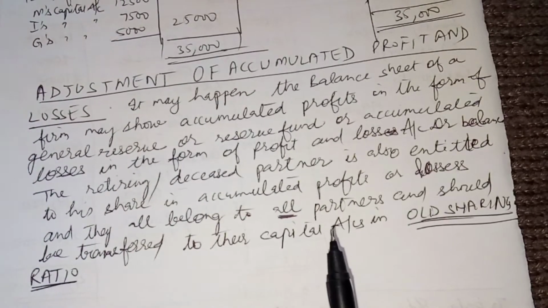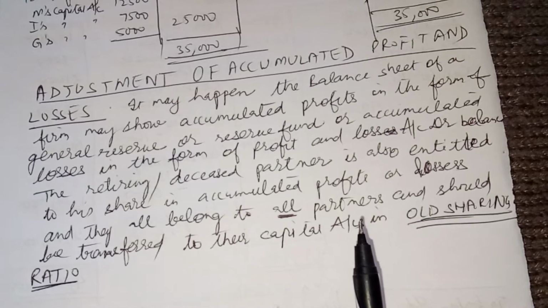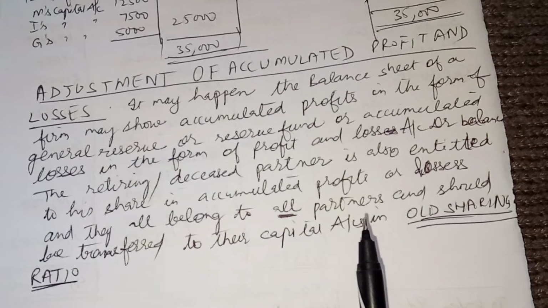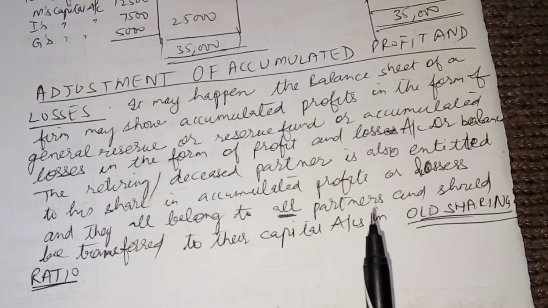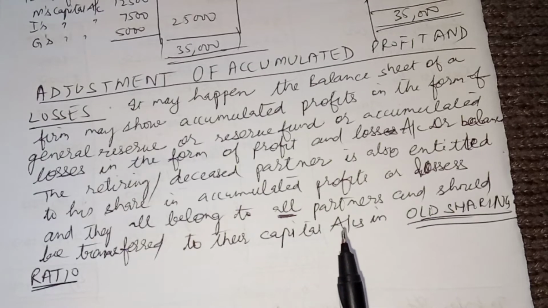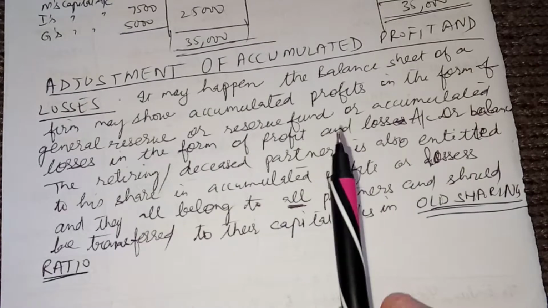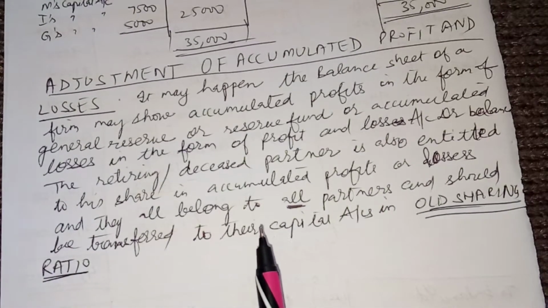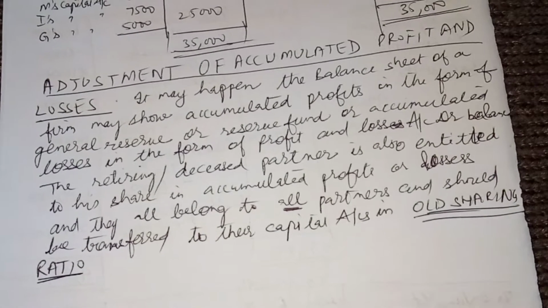That means on the date of retirement or death of a partner, any accumulated profit or loss or any reserve belongs to all the partners and will be transferred to them in the old profit sharing ratio. Nothing is to be hidden, and the outgoing partner has a complete right to get a share of them at that time.